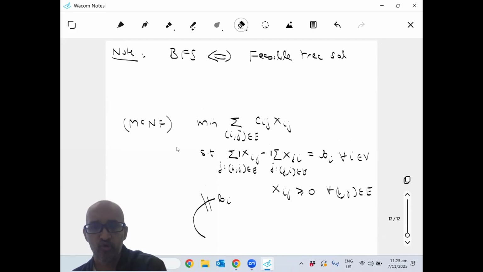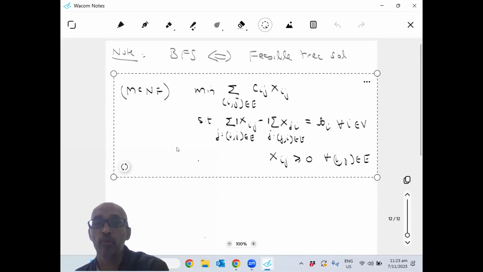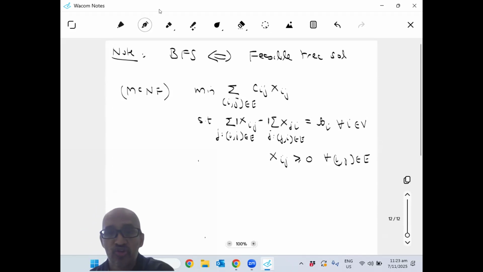Okay, so this is my minimum cost flow problem. Remember this problem, and actually we have not looked at it so far, this problem has a dual. So this is the primal. What's the dual? There's a dual variable for every node in this graph.